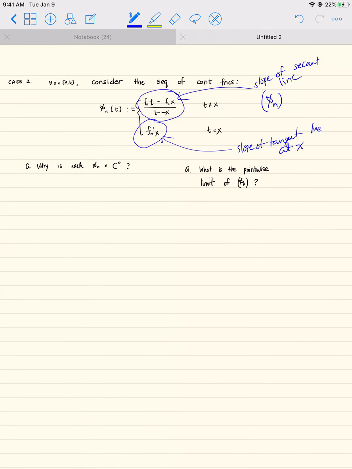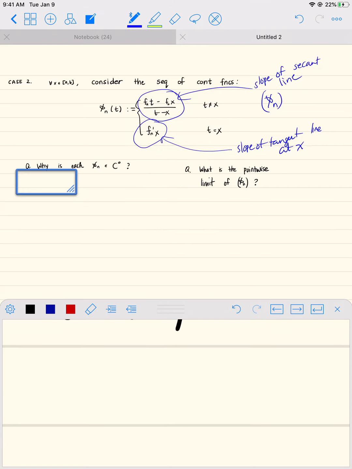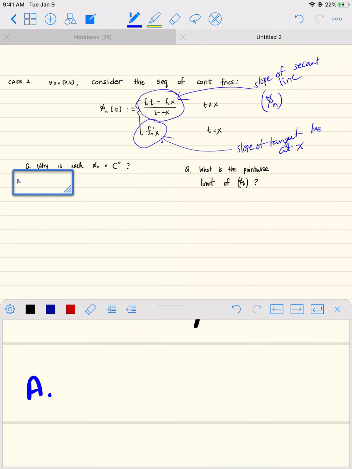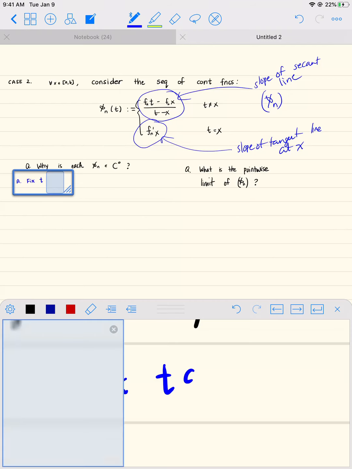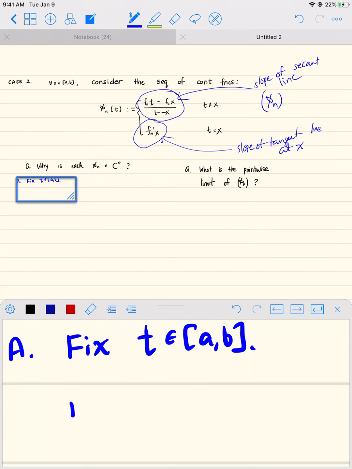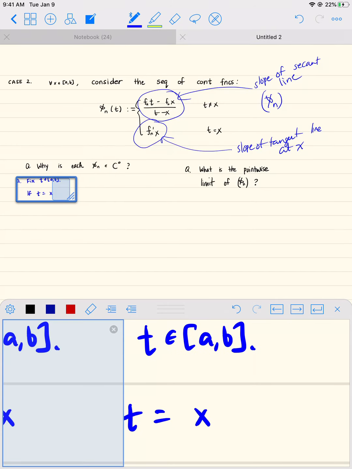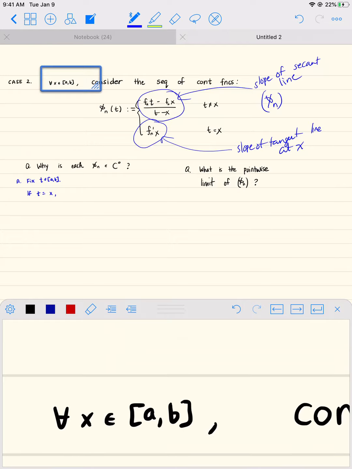Okay? Now, question: why is each phi sub n continuous? Answer: each phi sub n is going to be continuous. Say fix t. Case one, t is equal to x, because remember x is fixed.